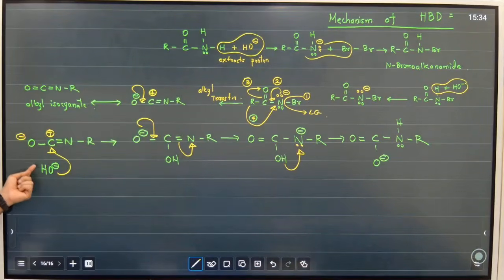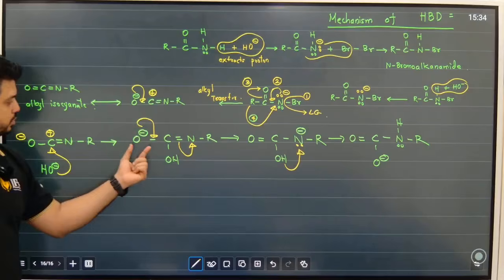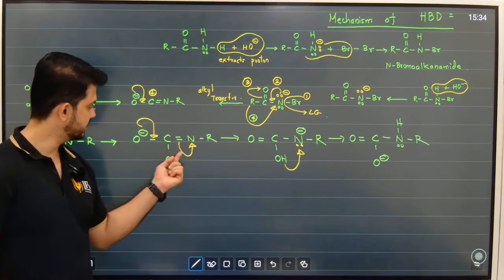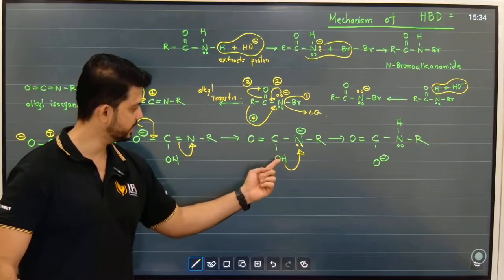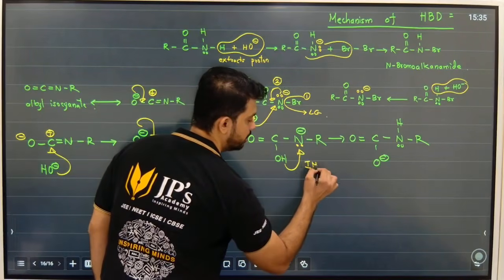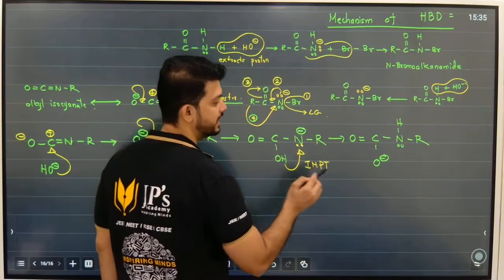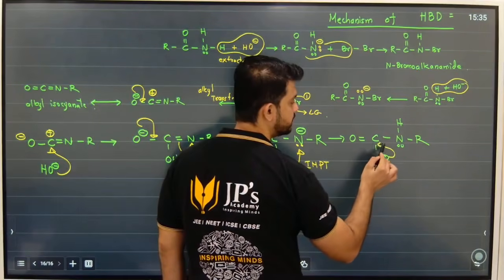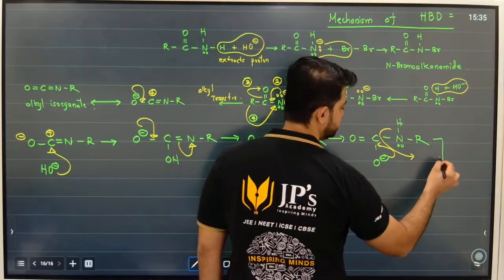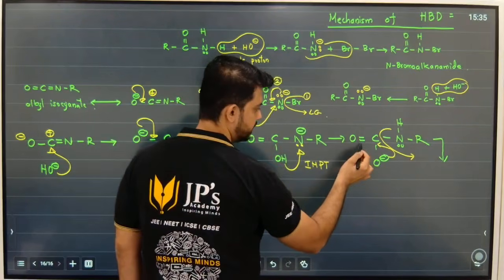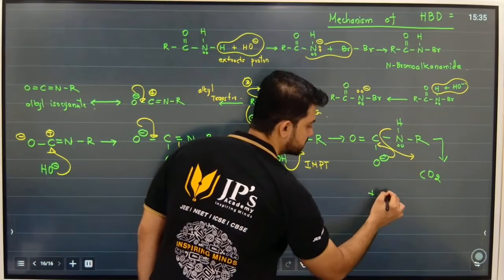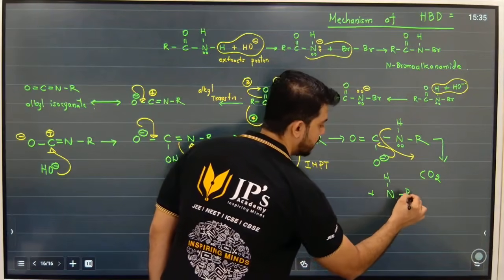The alkyl isocyanate, OH comes and attaches to this carbon. These electrons will move here, double bond. These electrons shift onto nitrogen. Nitrogen gets a negative charge. The important intramolecular proton transfer. And in the next step these electrons will come here and this leaves. So when these electrons come here, C double bond O, that is CO2 plus NHR.